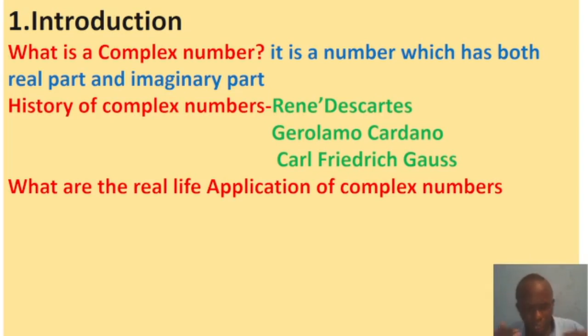So let us briefly look at the early development of complex numbers. René Descartes, a French mathematician and philosopher, once came up with a concept of imaginary numbers, but it was not very well stipulated. Girolamo Cardano, an Italian mathematician, also tried to contribute to complex numbers.